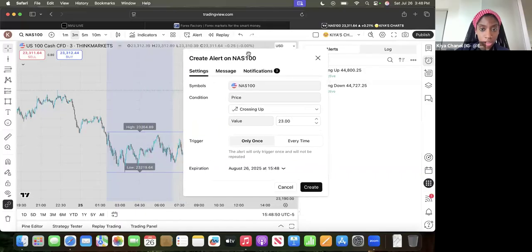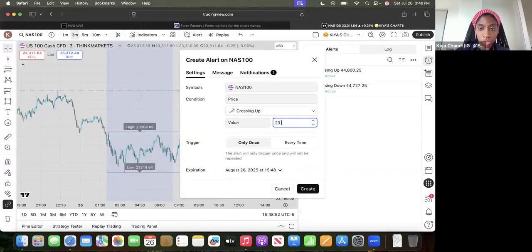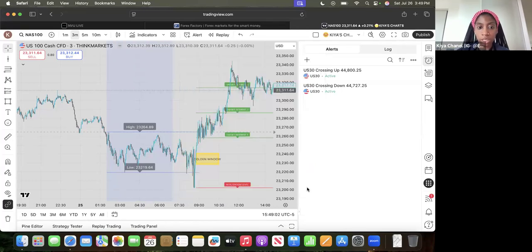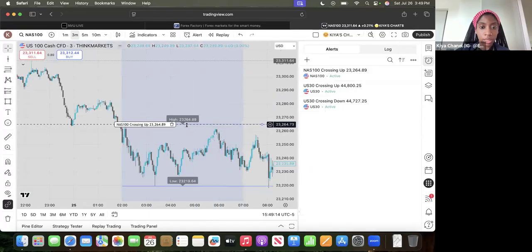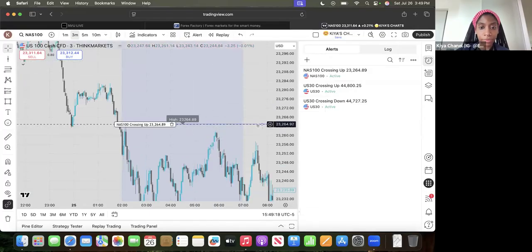So the cross up is going to be 23,264.89 because that is what the scanner gave us as our high. As you can see, there is a black slash line. And you can see that your alert is set for the high.